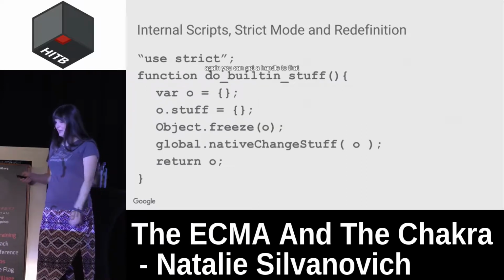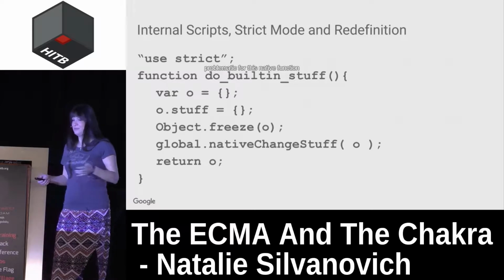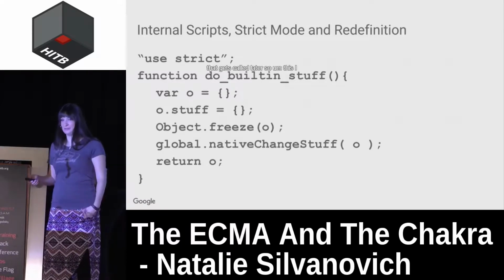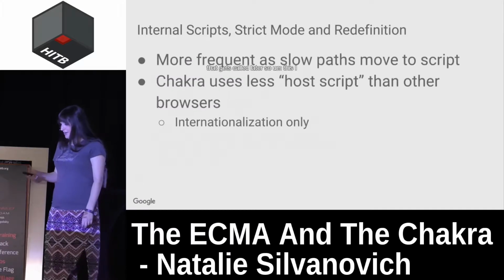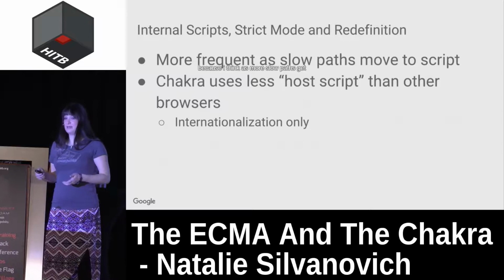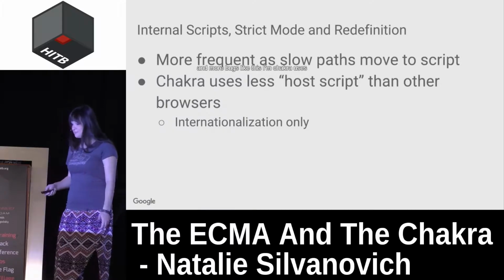Once again, you can get a handle to that object O. And the other thing is that it probably doesn't freeze it correctly either. Either of those can be problematic for this native function that gets called later. So I think this is an emerging area of bugs. As more slow paths get added in JavaScript due to lots of crazy ECMA features, we're going to see more and more bugs like this.